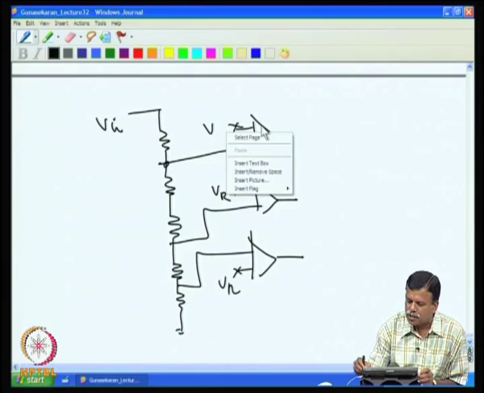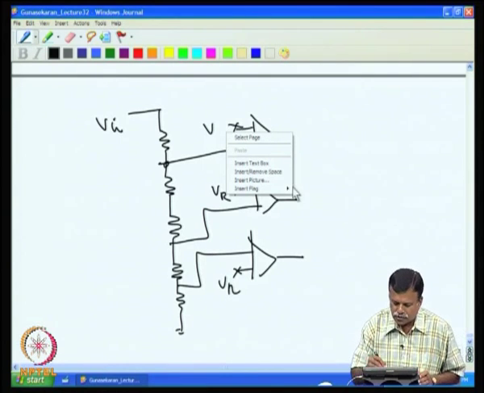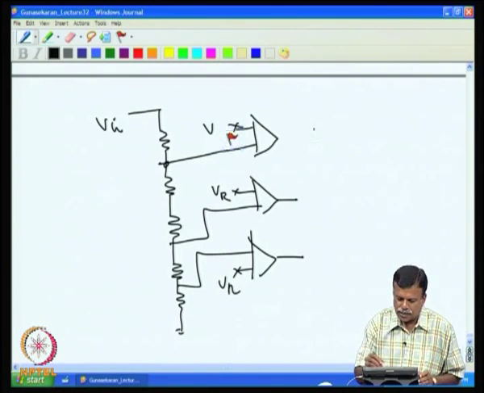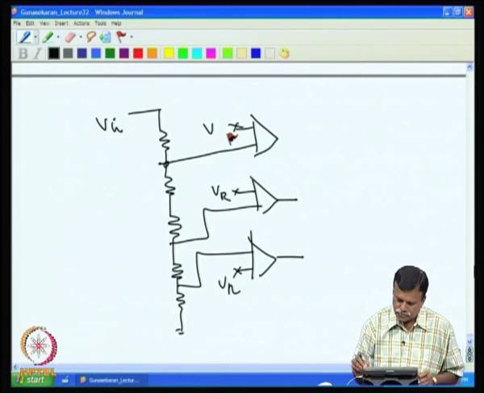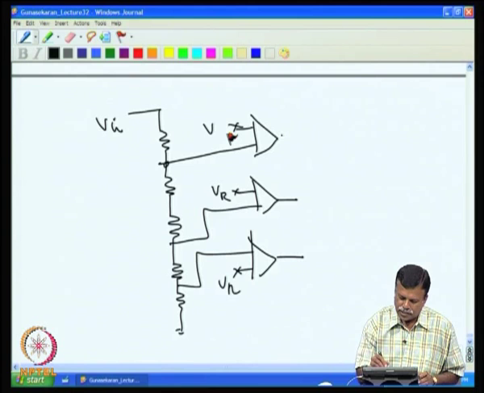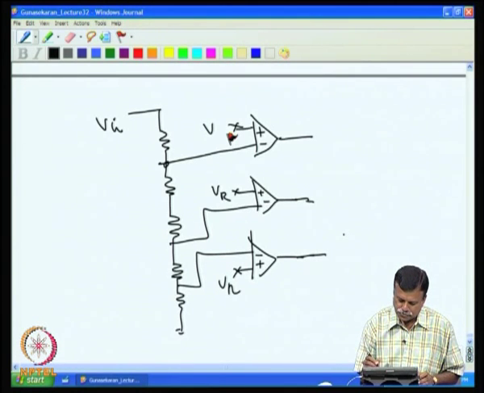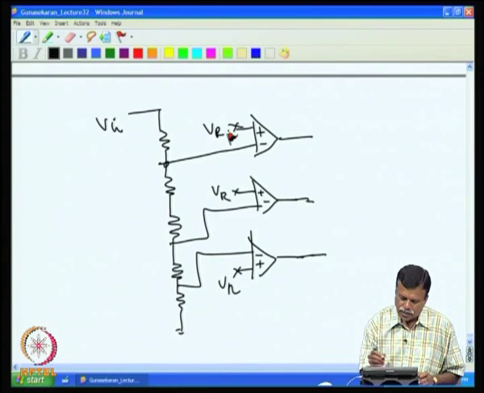If you look at the output, you have plus minus, plus minus, and the input will be minus and plus. Now, we have the output voltages, this VR.